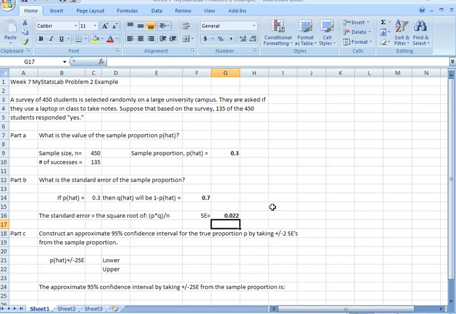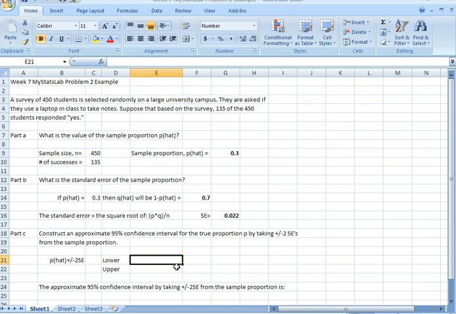On to part C, last part of our problem here. Construct an approximate 95% confidence interval for the true proportion p by taking plus or minus 2 standard deviations from the sample proportion. So to find the lower part of our interval, we're going to take p hat minus the 2 standard errors.